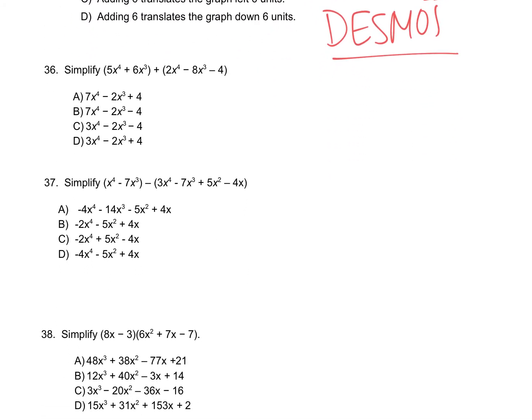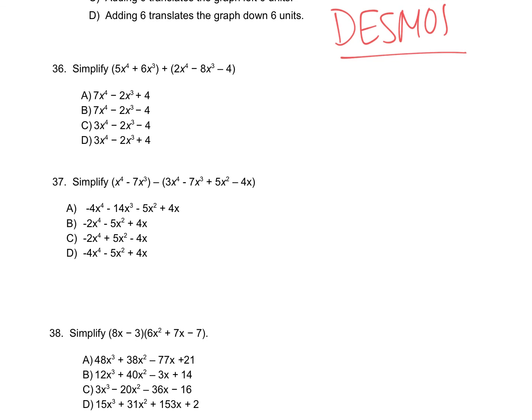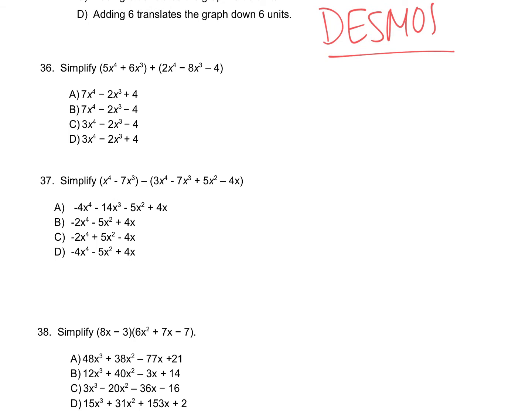On number 36, we are going to combine like terms. So we're just going to put things together. So 5x to the 4th plus 2x to the 4th is 7x to the 4th. Cancel those, they're gone. 6x to the 3rd minus 8x to the 3rd is negative 2x to the 3rd.